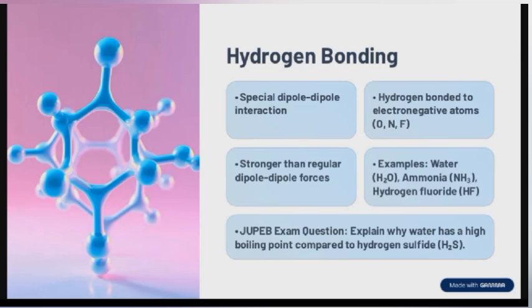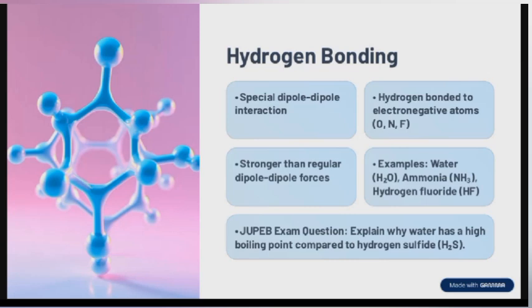A molecule is said to have hydrogen bonding only when hydrogen is bonded to a highly electronegative species. There are basically three highly electronegative species that are always categorized for hydrogen bonding: hydrogen bonded to fluorine, hydrogen bonded to oxygen, or hydrogen bonded to nitrogen.